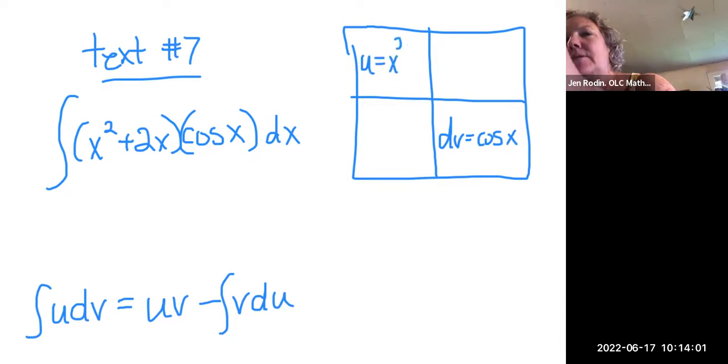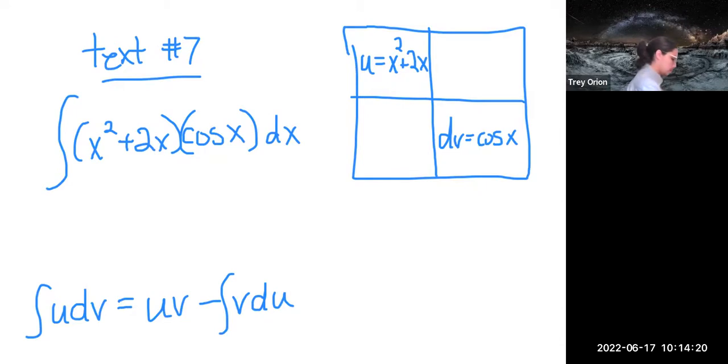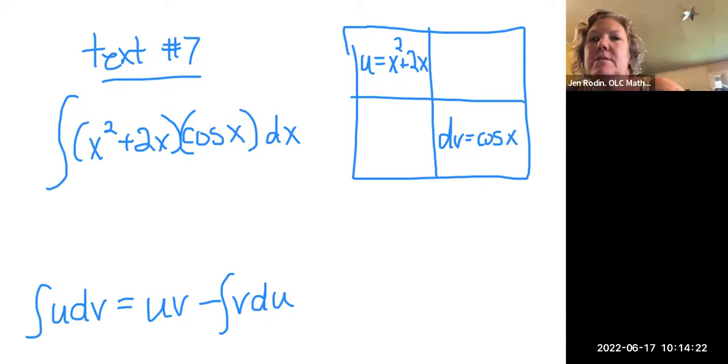If there's a simple polynomial like this, that's always the go-to. If there's an ln, that should be your u. If there's a polynomial, that should be your u. Otherwise, there's not really a good hard and fast way to be sure. Okay, and then you tell me what the other parts would be.